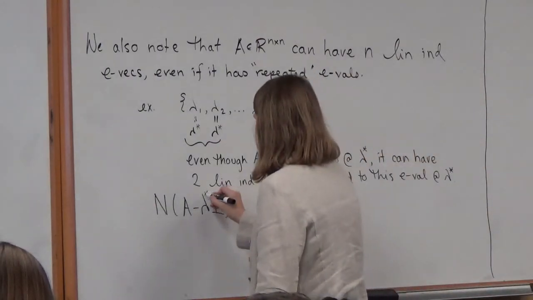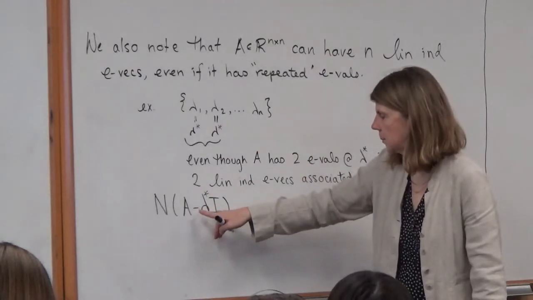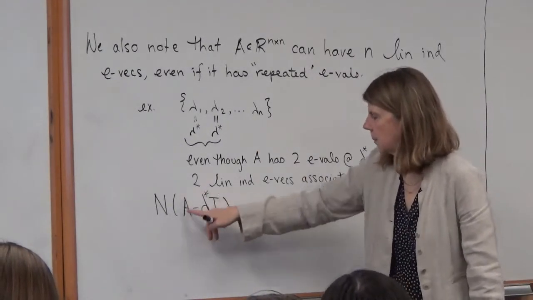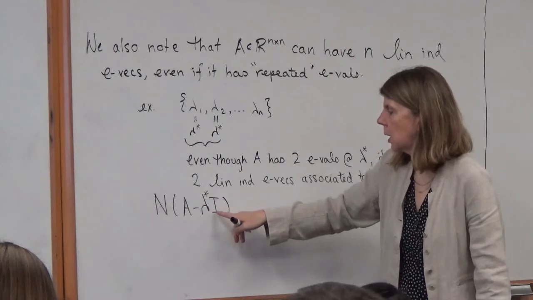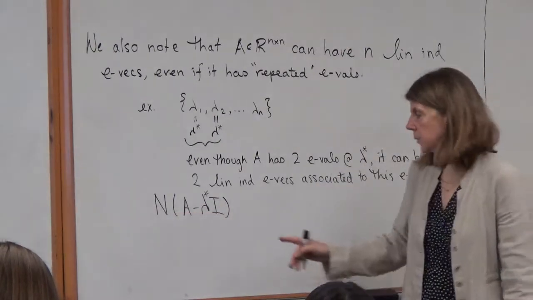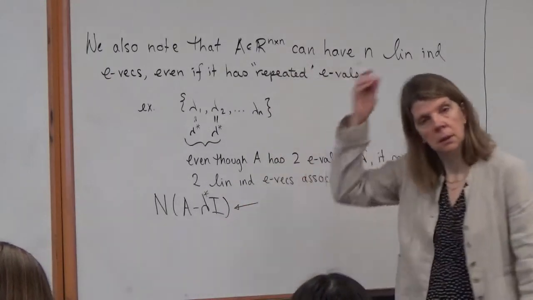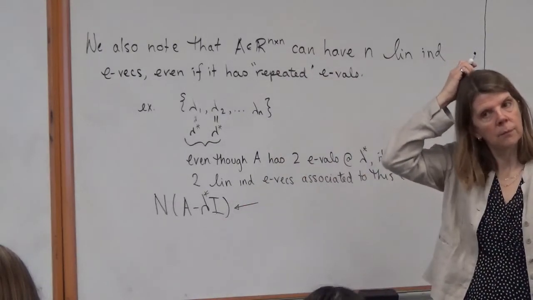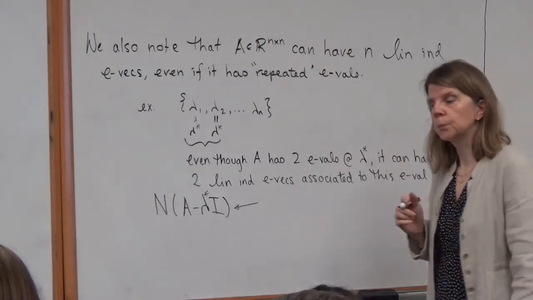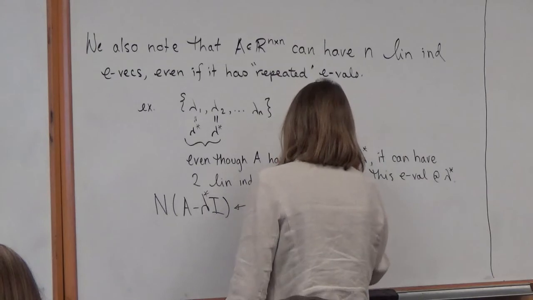So you plug lambda star into A minus lambda I. So you determine that matrix, A minus lambda star I, and then you compute its null space. And so the null space of this would have to have dimension 2, right? Two-dimensional null space.